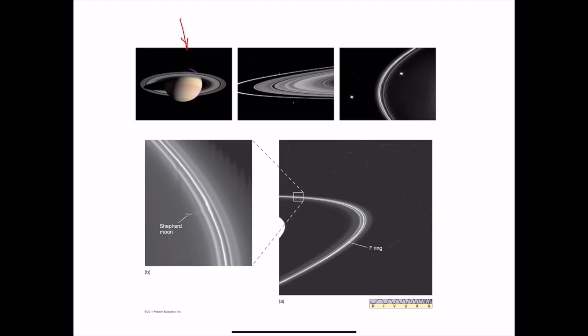The ring system of Saturn extends from about 7,000 kilometers above the surface of Saturn to 80,000 kilometers above the surface.